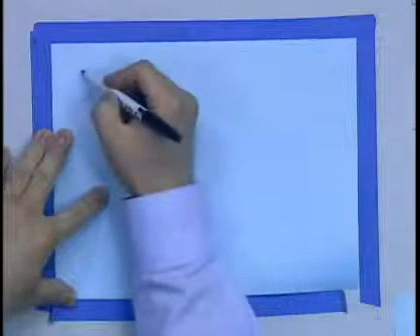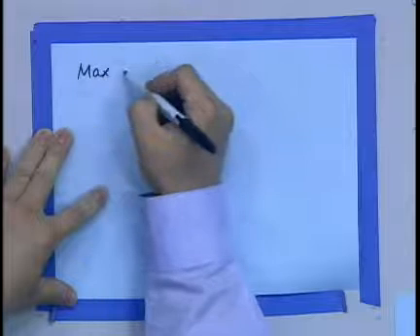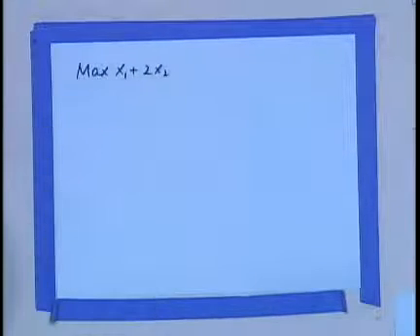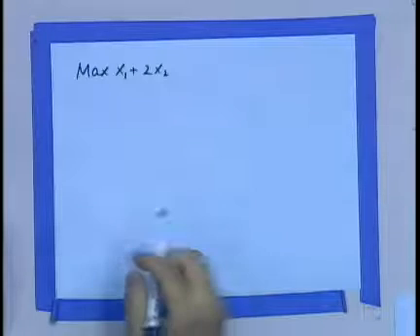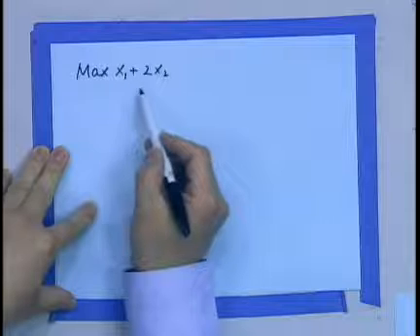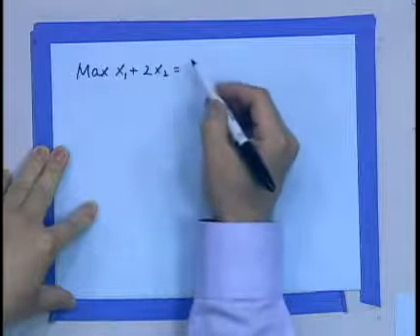If the given LP's objective function is, let's say, maximize x1 plus 2x2, for example, what the Lindo output provides is: it sets the objective function value equal to z.